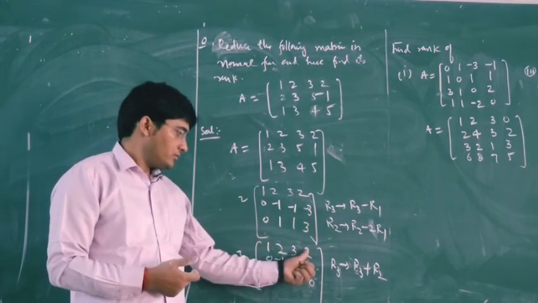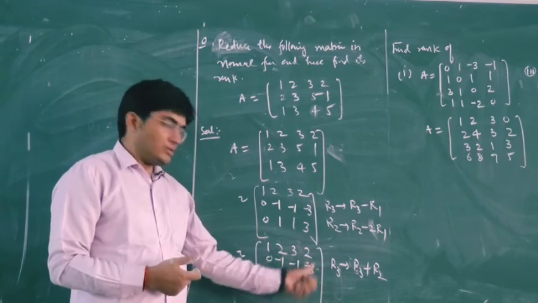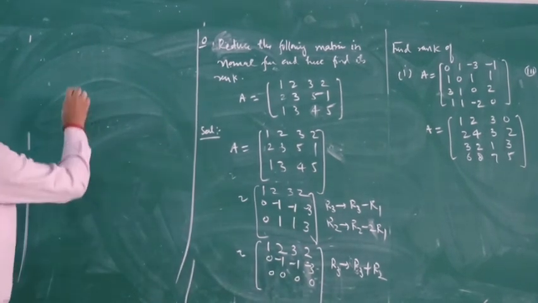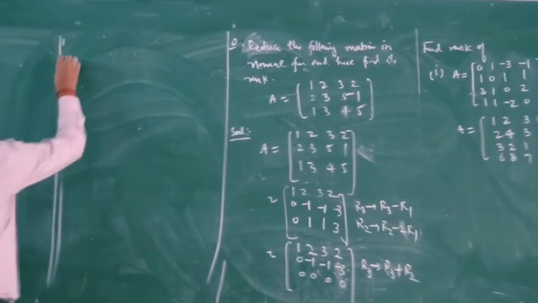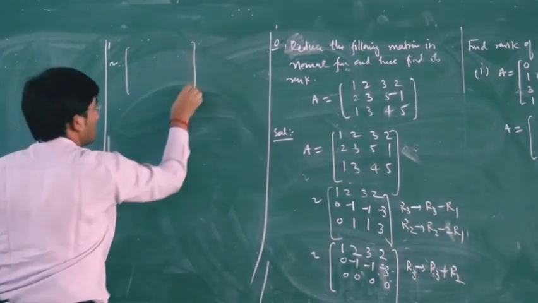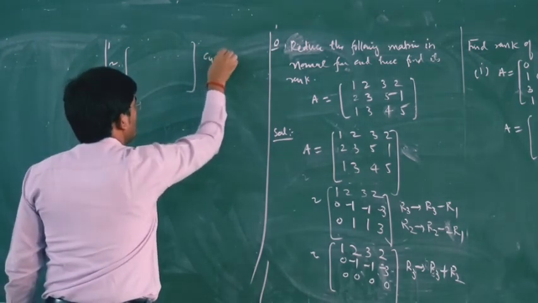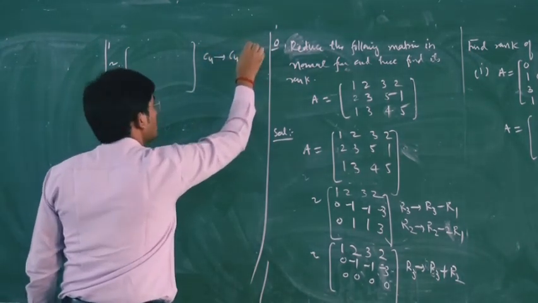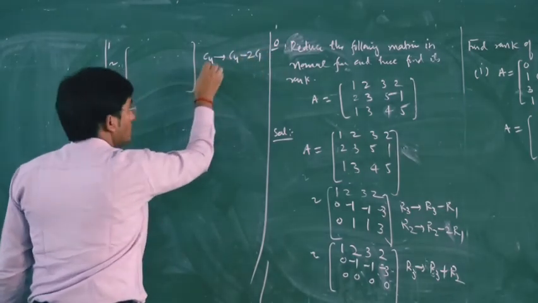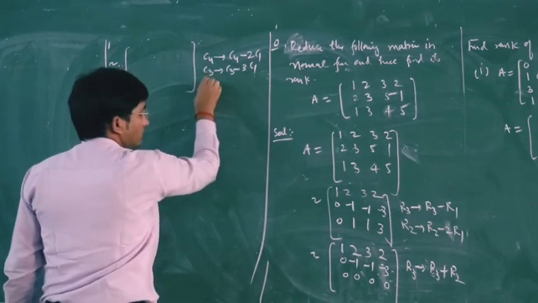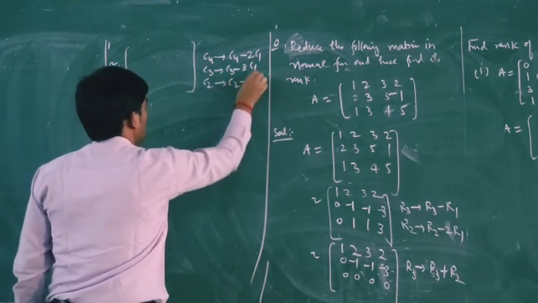So let us reduce all the other elements to 0 by using the column operation. Now this matrix is equivalent to, let us have the operation C4 minus 2 times C1, then C3 minus 3 times C1, and C2 minus 2 times C1.